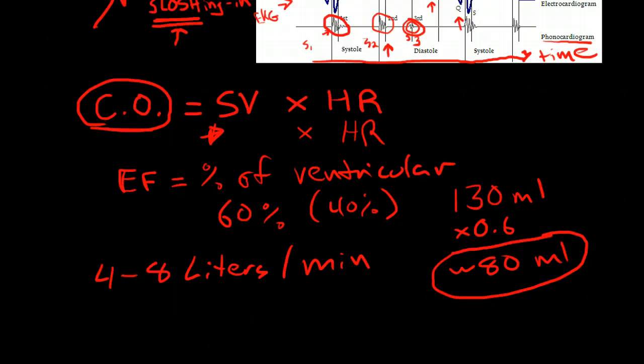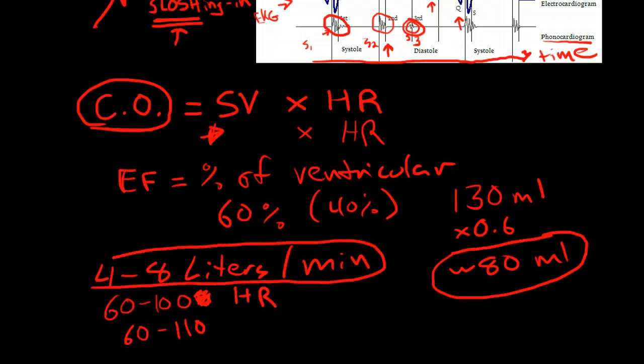And that's because we usually have a heart rate of around 60 to 100, and we usually have a stroke volume of 60 to 110 or so. Whoops, heart rate of 60 to 100, not 60 to 1000. Okay, and that is what gives you a cardiac output of about 4 to 8 liters a minute.